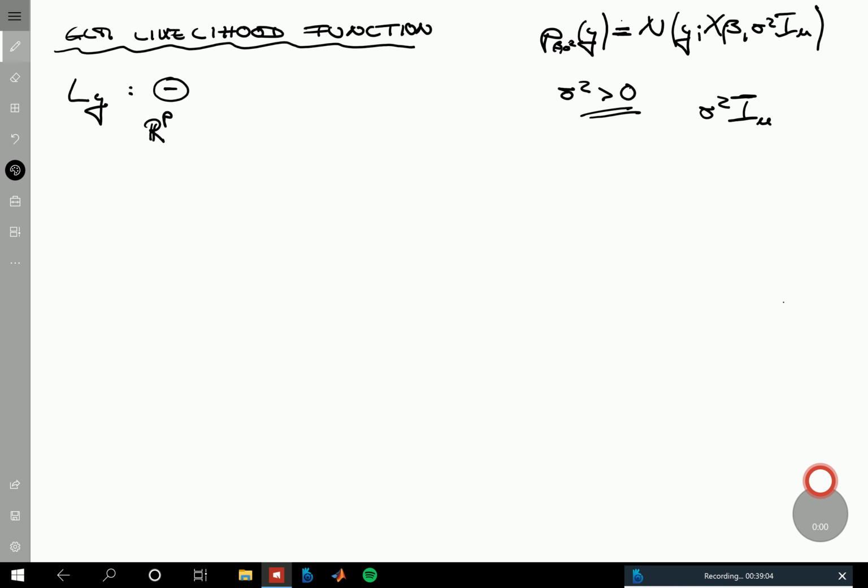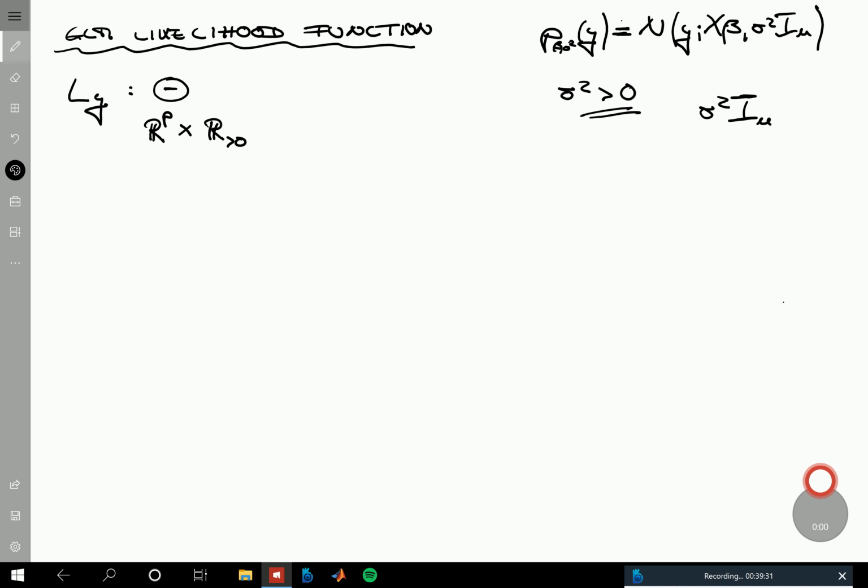Later we will see that you can come up with more complex error covariance matrices. But in this case, it's really just a scalar multiplied with the identity matrix, which goes back to the fact that the errors are independent. That was 3 or 4 weeks back. So sigma square is a positive real number.